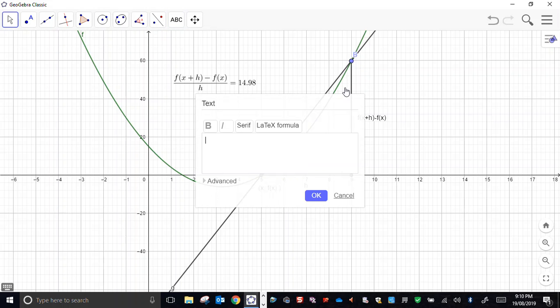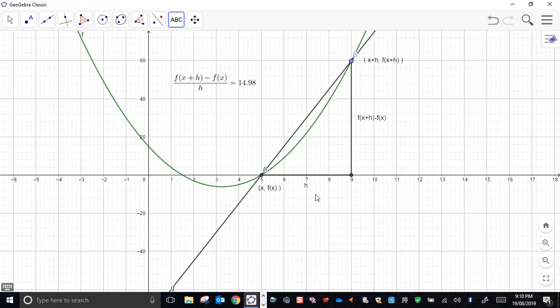So we'd better have a label up there: that point is a value of x plus h to the right, and the y value, or the value of the function, we just substitute x plus h. That's the coordinate of our point up here. So you can see where this formula comes from.